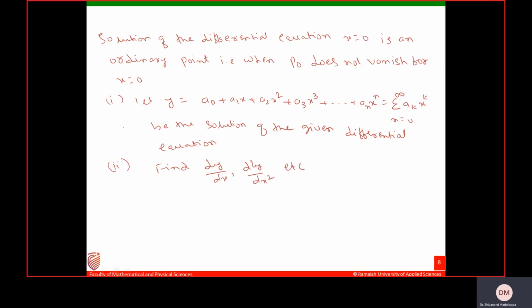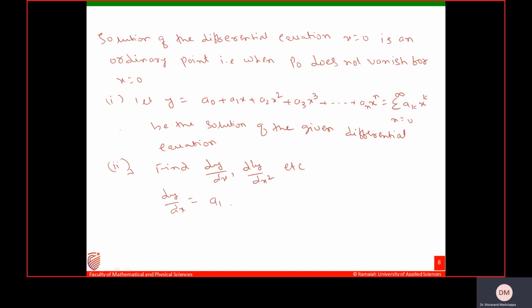Then we differentiate to get dy by dx. a0 will be 0 because it is a constant term.